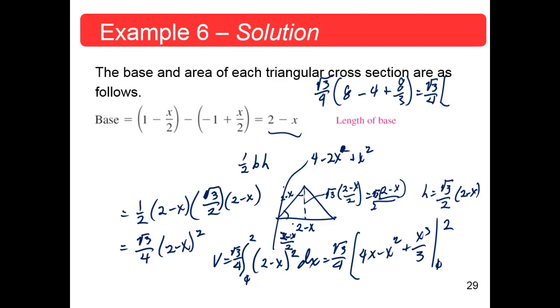That would be 12/3 plus 8/3 is 20/3. So it would be 5 root 3 over 3. Goodness, that doesn't look like the answer they had. They get 2 root 3 over 3, so I did make a dumb mistake somewhere in there.